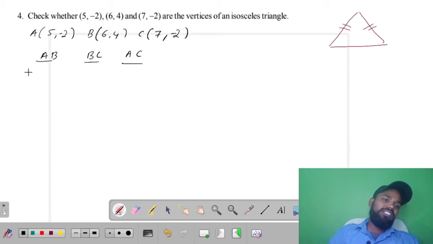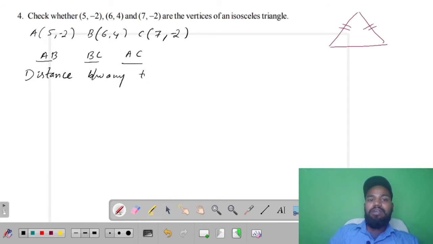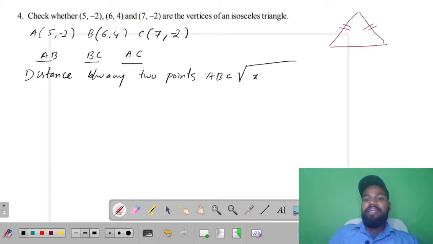As we know the distance formula, what is the formula for the distance between any two points? AB equals under root (x2 minus x1) whole square plus (y2 minus y1) whole square.